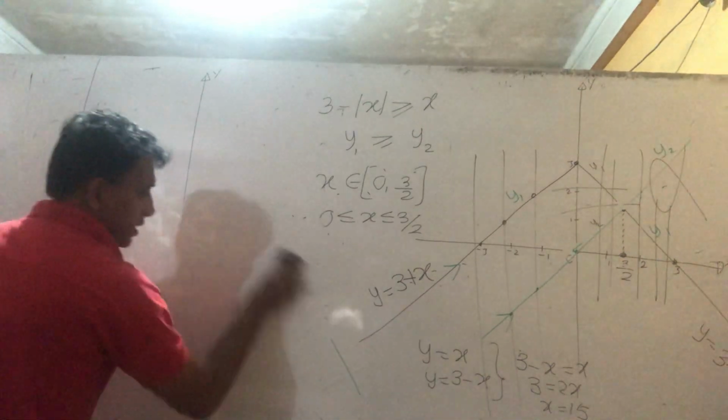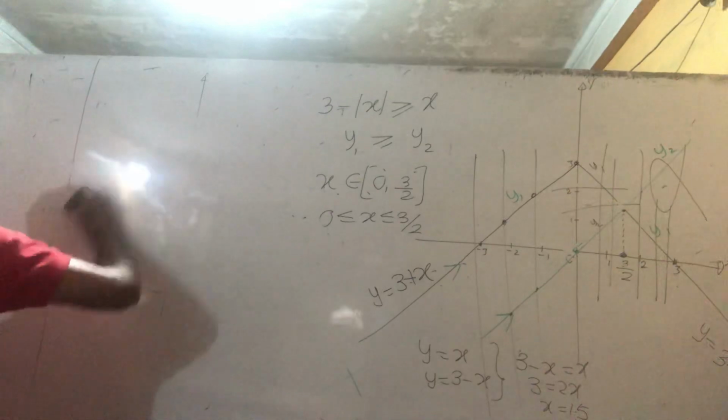Okay, question number 3. It's a binomial part. It will have some trigonometric issues.